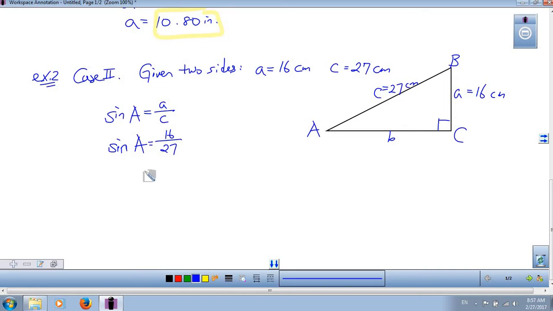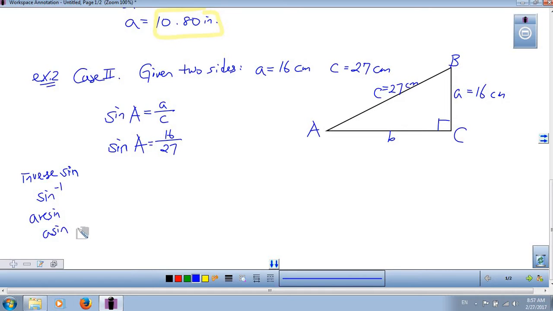What do I do with that? Well, on your calculator, there is a function called the inverse sine function. We haven't really talked about the inverse sine function yet, but we can actually use it. It's written as sine to the negative 1, or actually called arc sine.